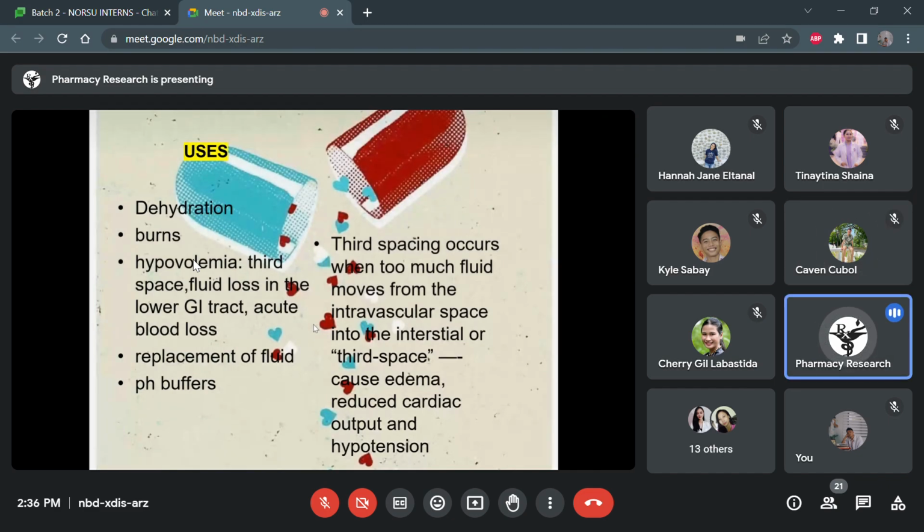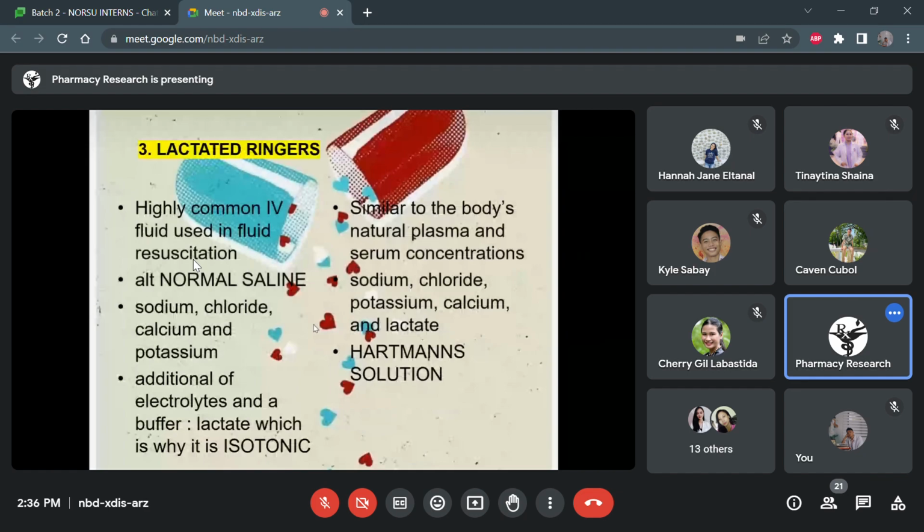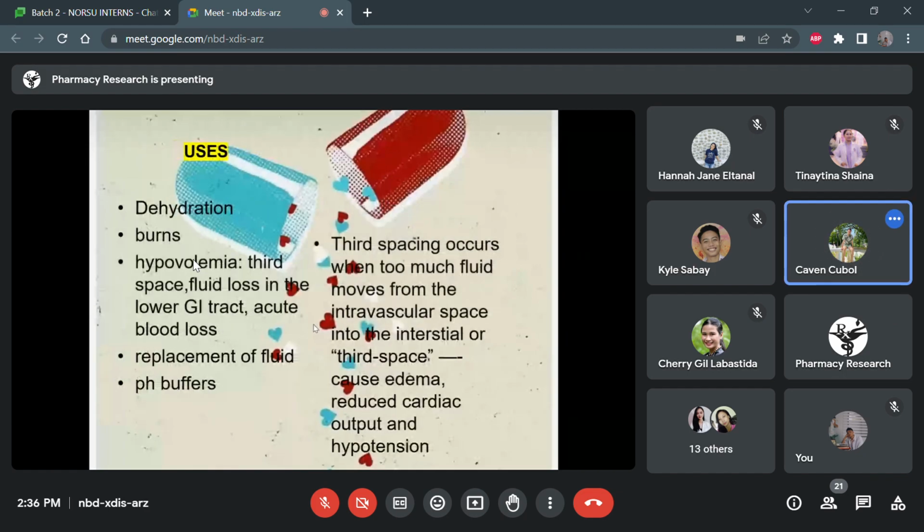Asa dapit na palong ko sa akong report, Kevin? Lactated ringers, ma'am. Unsa may color sa lactated ringers gani, Kevin? Color blue, ma'am. What's the other name? Hartmann solution. Okay, nanimati good ka.